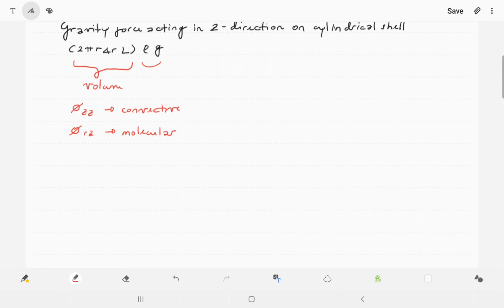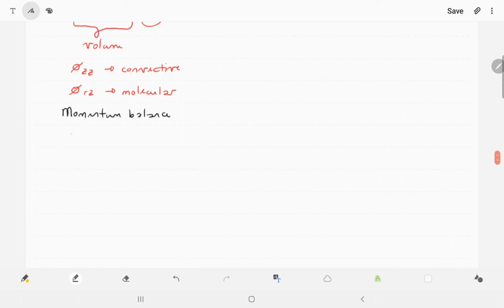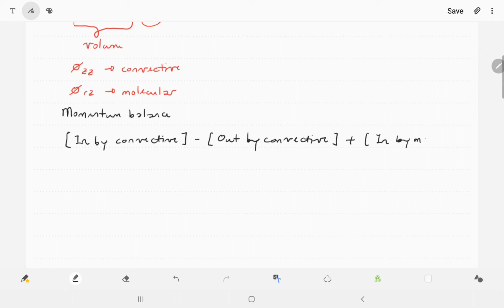Then the next step will be deriving the momentum balance. Our momentum balance will be in by convective minus out by convective plus in by molecular minus out by molecular plus force of gravity.